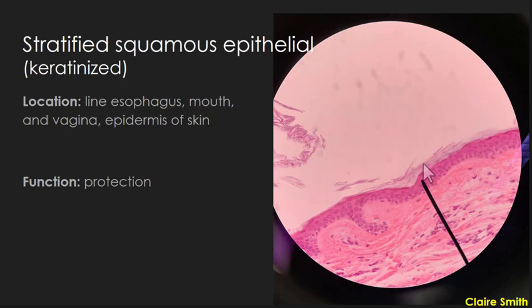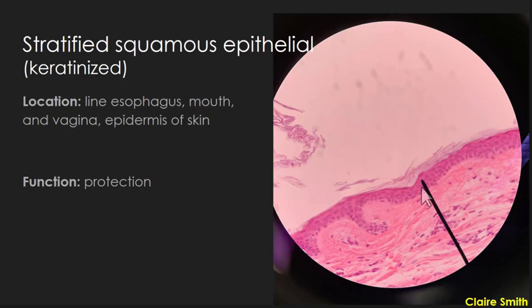So these little wispy layers on the top are like dead skin cells, right? You know, the surface of your skin, you're going to have some dead cells. So this section here and the section we're always going to show you with stratified squamous has these wisps on the top. So these line the esophagus, mouth, and vagina, and then can be found all over the epidermis of your skin.